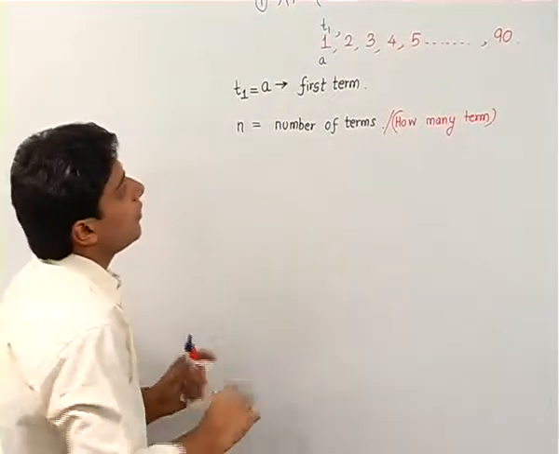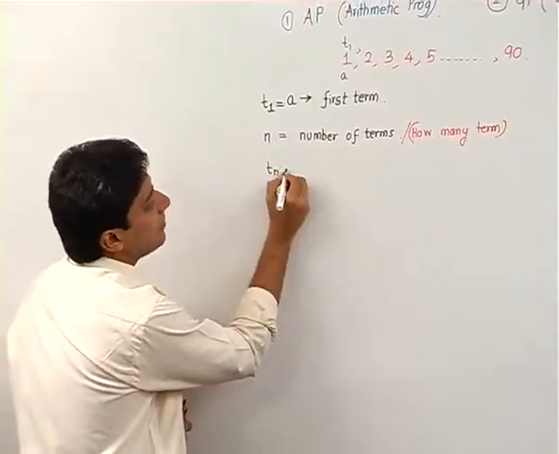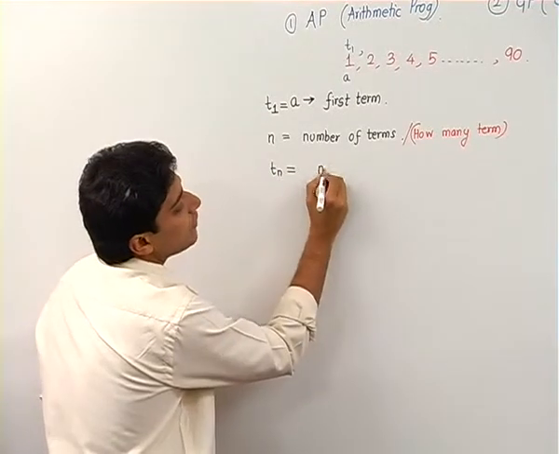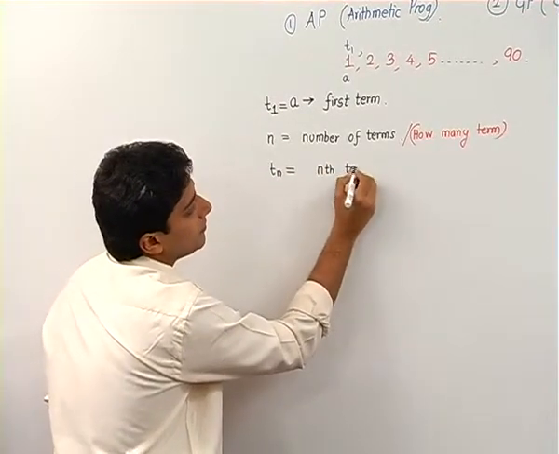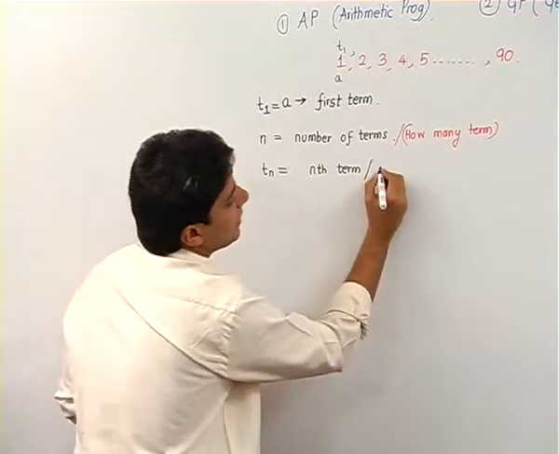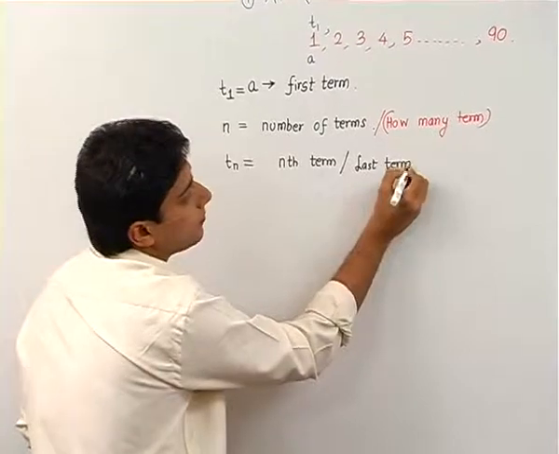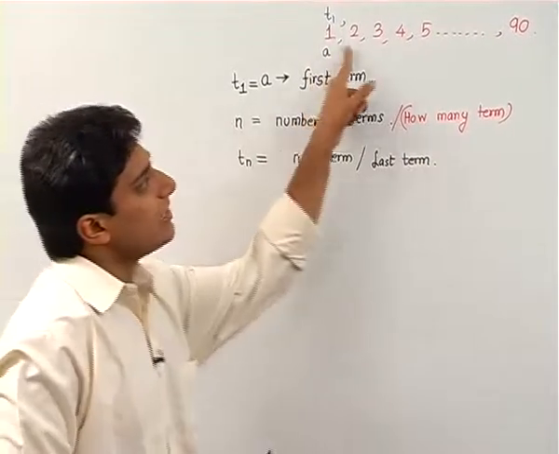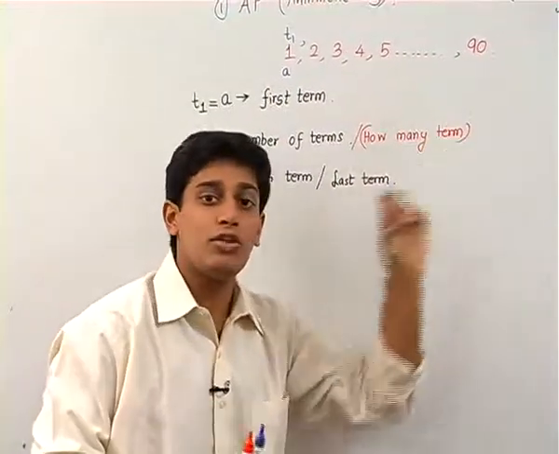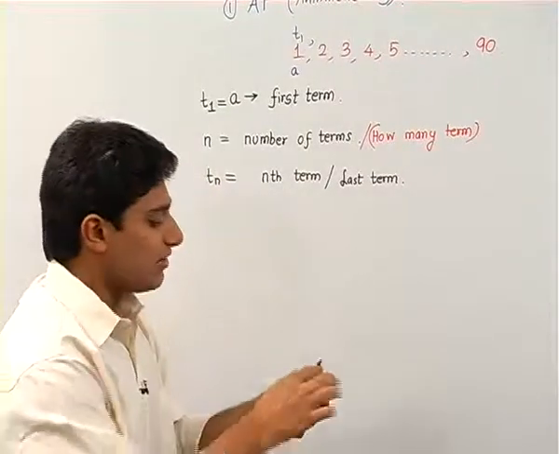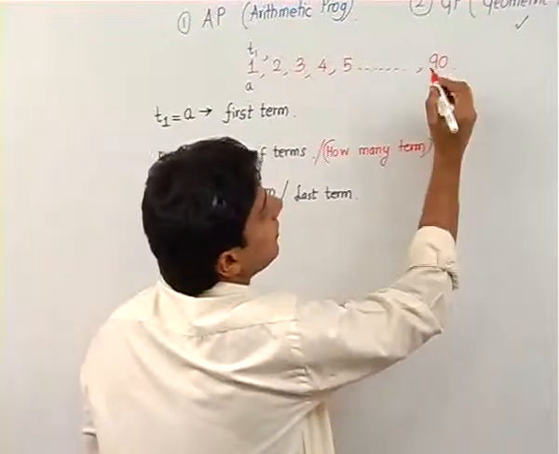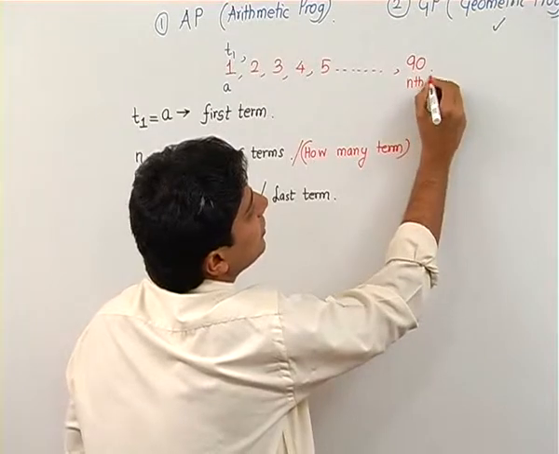After that, we are going to study the next concept, which is Tn. Tn stands for the nth term, or also I can call it the last term in the sequence. In this sequence, which is the last term or the nth term? I will say the nth term is this one.